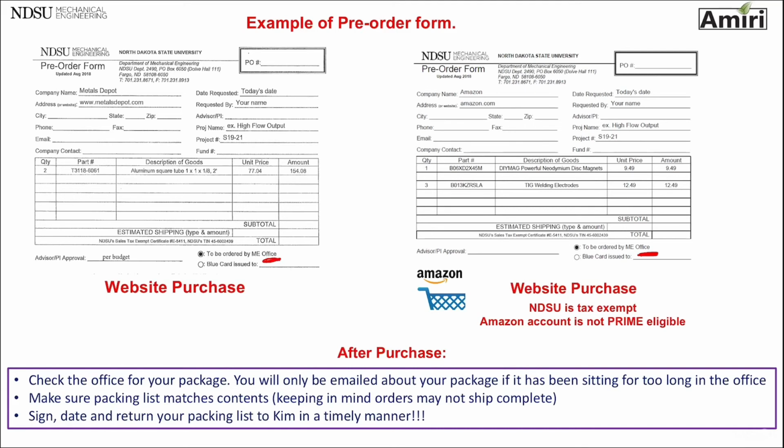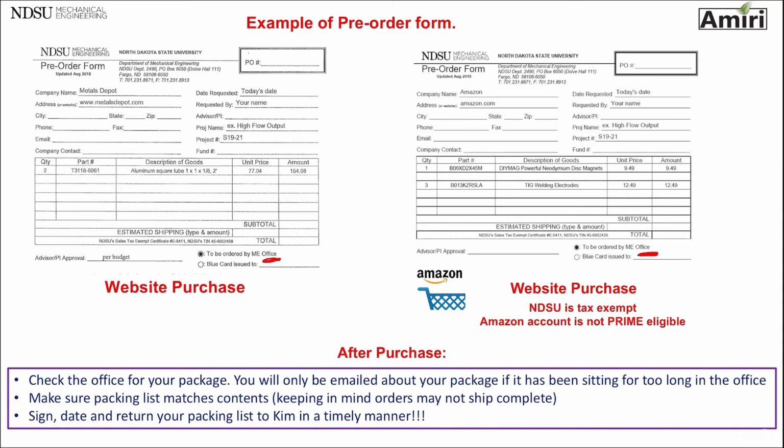So after you purchase and after you order, you got to check the office for your package. You will only be emailed about your package if it's been sitting for too long in the office. So don't assume that automatically someone will email you as soon as your package is there. So make sure the packing list matches the content.